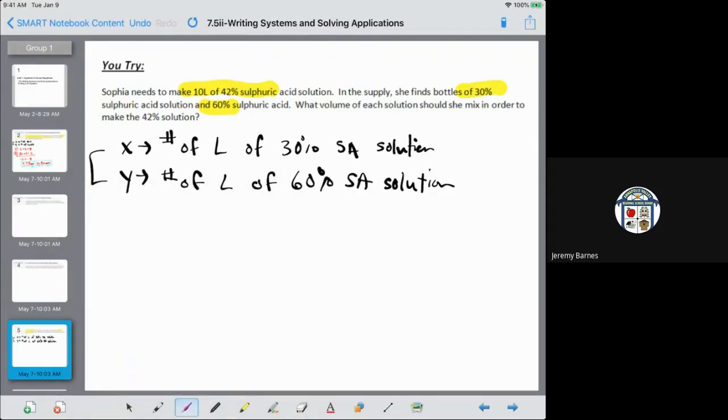So now we look at our information and how can we create equations? Well, we know that we need 10 liters altogether. So our x plus y is going to equal 10. And our second equation, we need for those 10 liters to give us a 42% concentration.